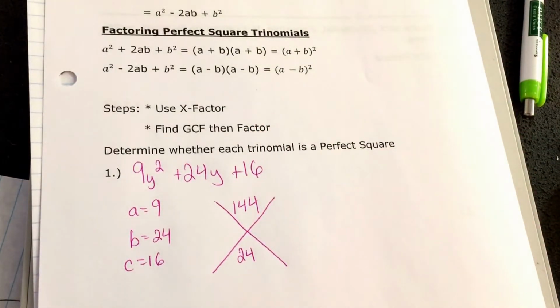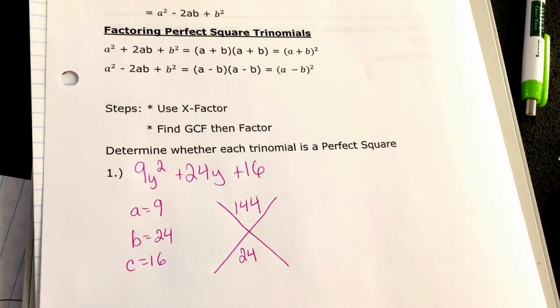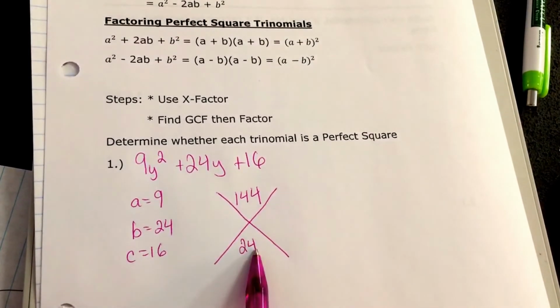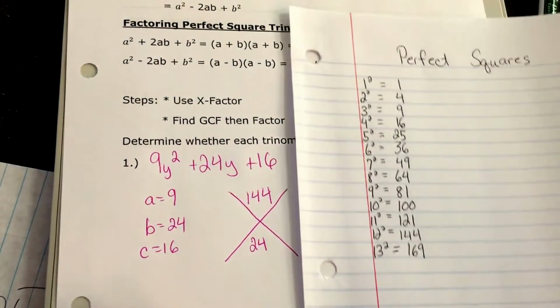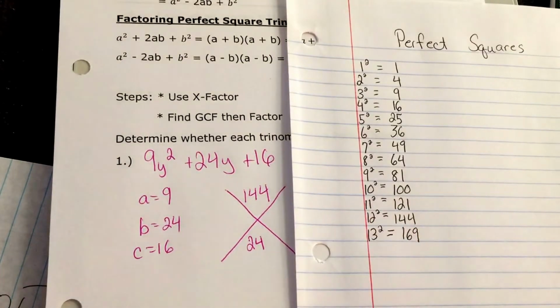Okay, a perfect square. You can list them out if you want to. But you have to figure out what is a number times a number to give me this, and can I add to do this? So this is where this comes in handy. If you look at this, 144 is 12 squared.